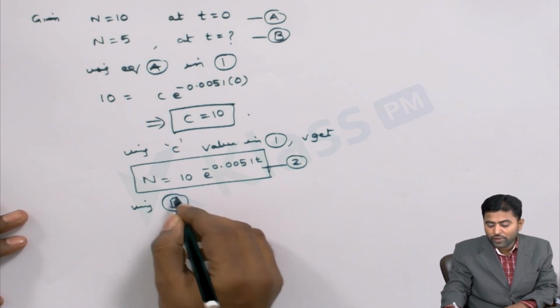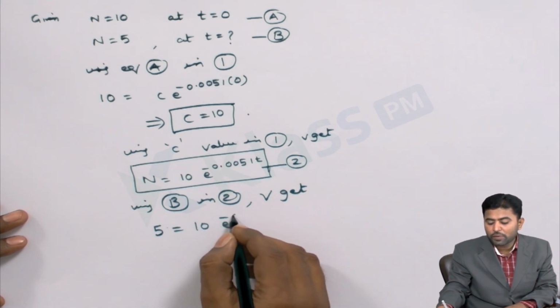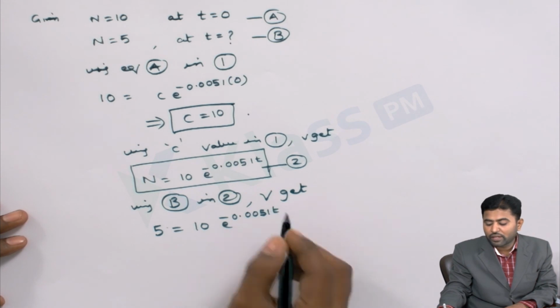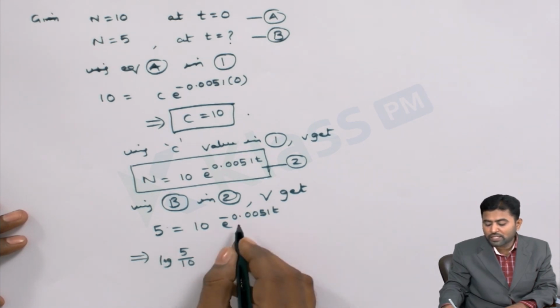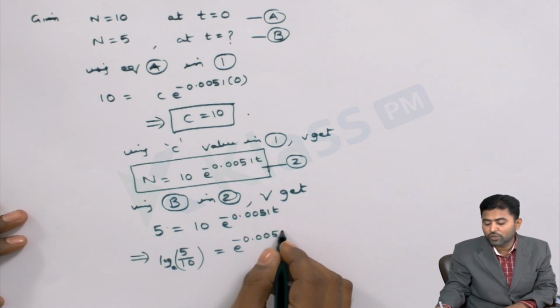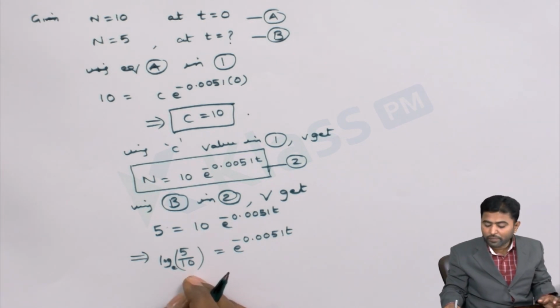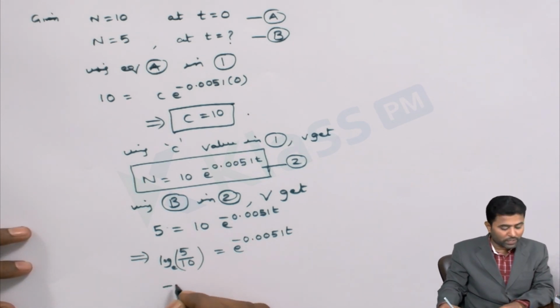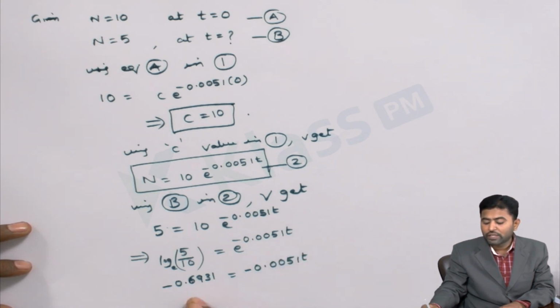Using equation B in 2, we get 5 is equal to 10 e power minus 0.0051t. Then 5 by 10, taking log to the base e, shifting this e to this side, ln 5 by 10 is equal to minus 0.0051t. ln 0.5 becomes minus 0.6931 is equal to minus 0.0051t.